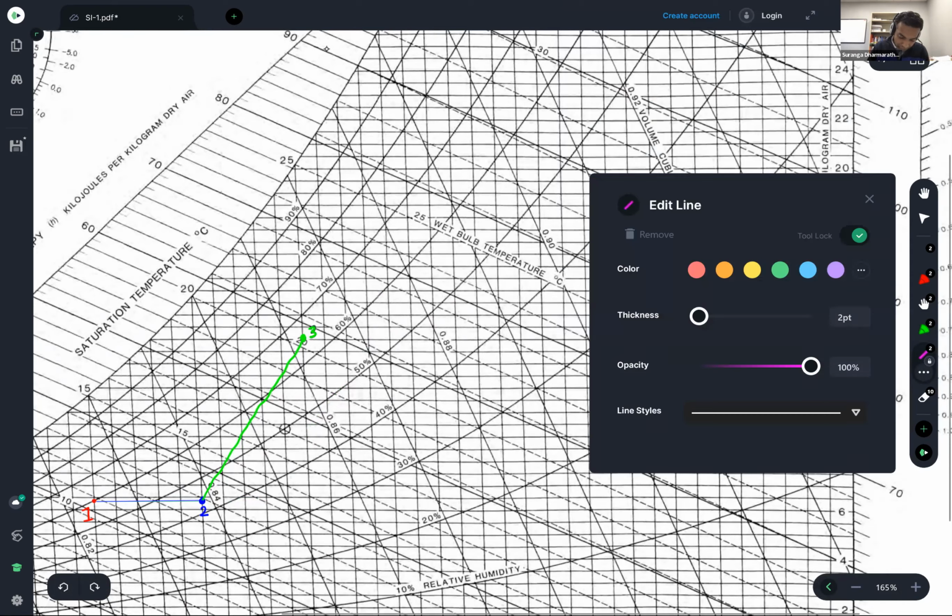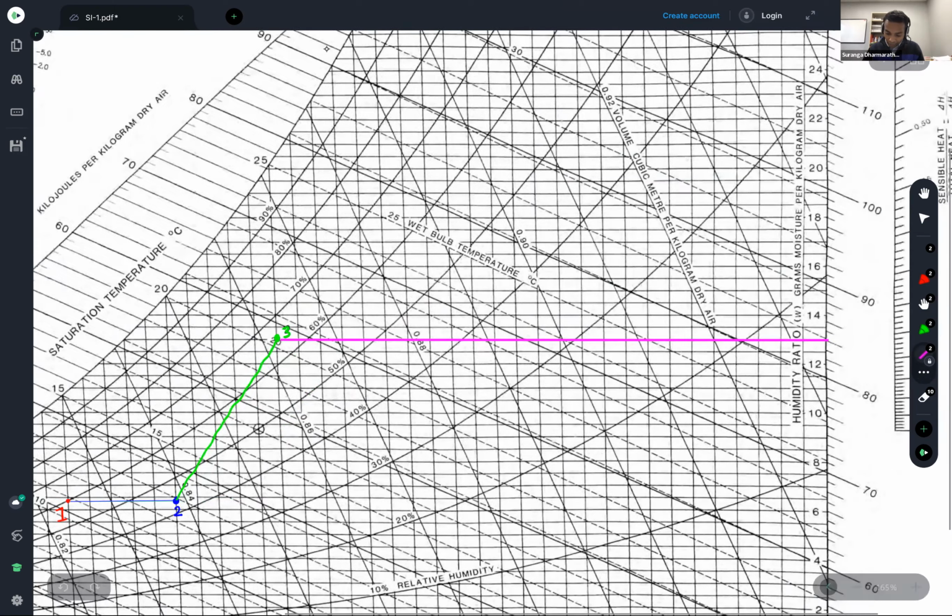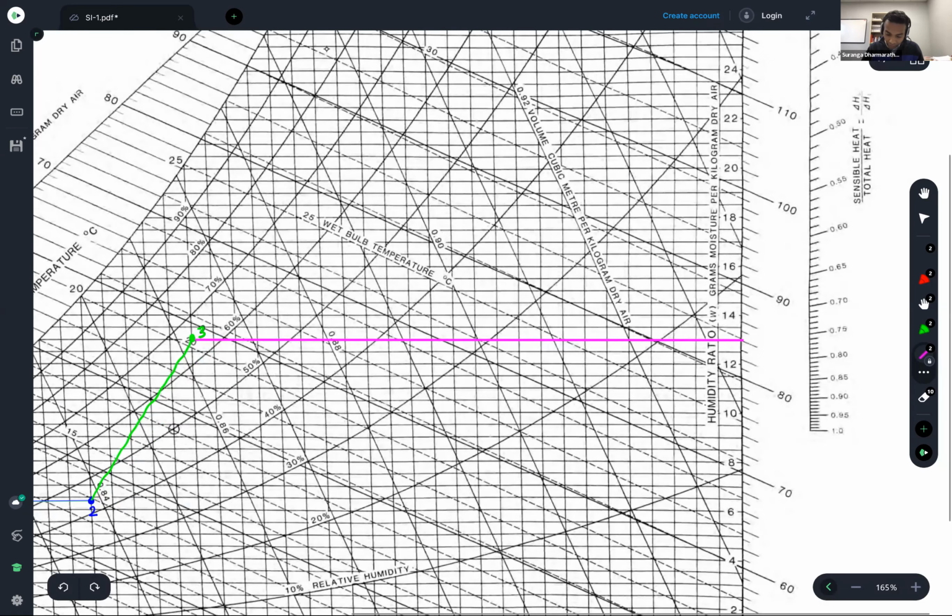So if we would find the omega, I can draw a straight line to this axis. So we have omega in humidity ratio, grams moisture per kilogram. So it's kilogram if you multiply by 10 to the power -3.